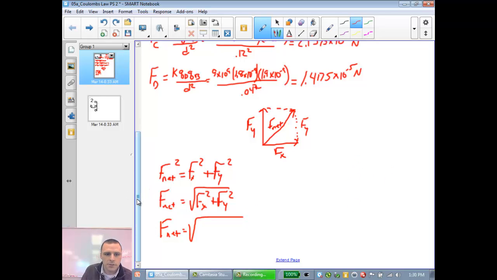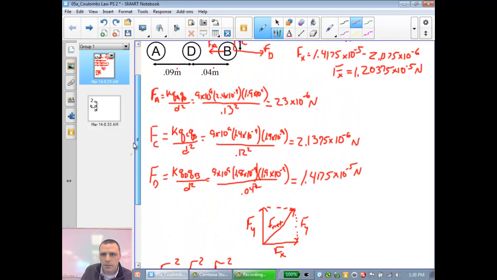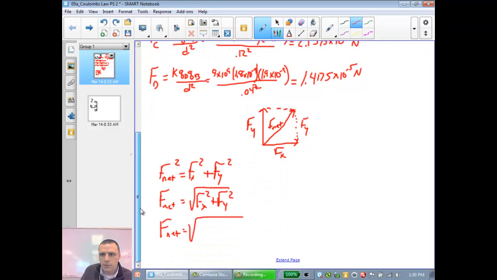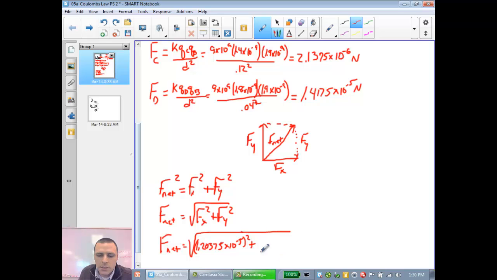Fx is, let's scroll up and take a look, 1.20375 times 10 to the negative 5 squared, plus Fy, which is also Fc, so that's 2.1375 times 10 to the negative 6 squared.